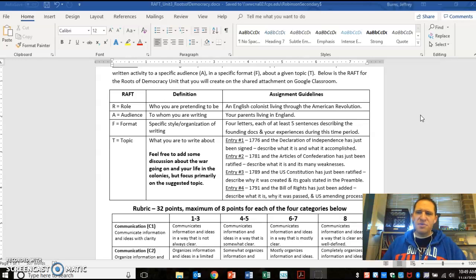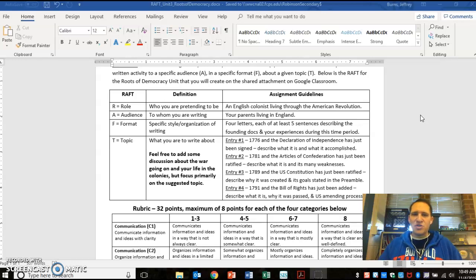Your role is that you're pretending to be an English colonist, born in England, who moved to the colonies. You can pick where you want to live, any of the original 13 colonies, probably somewhere on the East Coast. You're living through the American Revolution, when we were trying to become an independent nation. We went to war with Great Britain over a lot of different things, but mainly our independence.